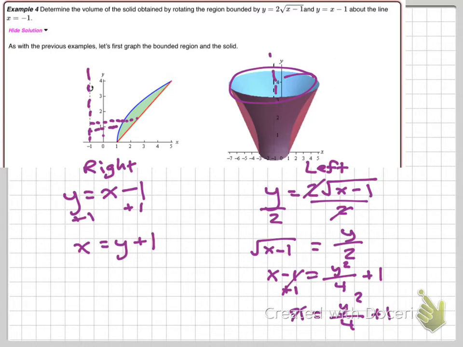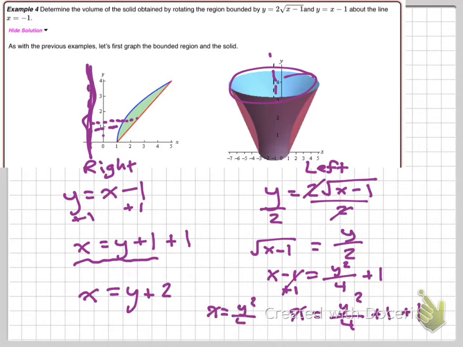So now we're not just going to go right into it like we did with the washer method, because we need to think. This is going to be slightly different because we're going to need to think about the area of that as it's rotated around. But basically, if we look here, because this vertical line is just one to the left of the axis, it's basically just going to be these functions, but the radius is going to be one more than that. So what we could do is really just add 1 to each function. So this is just going to become x equals y plus 2, and this will just become x equals y squared over 4 plus 2.